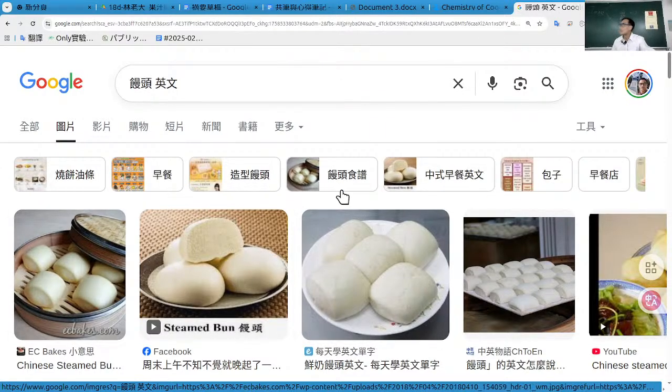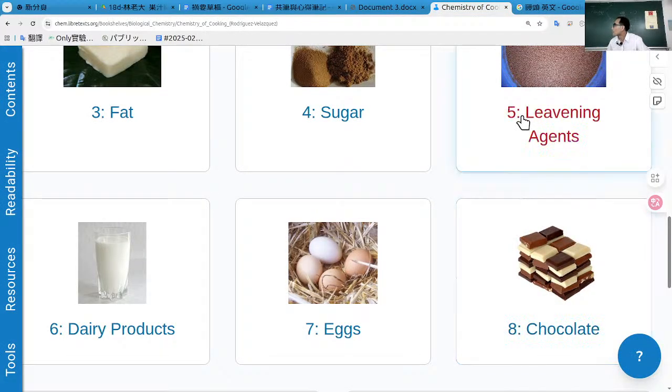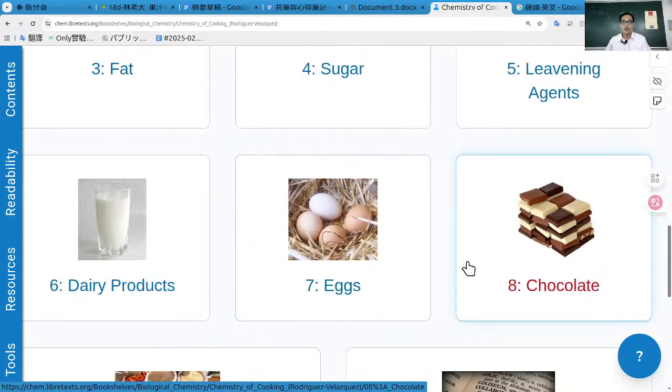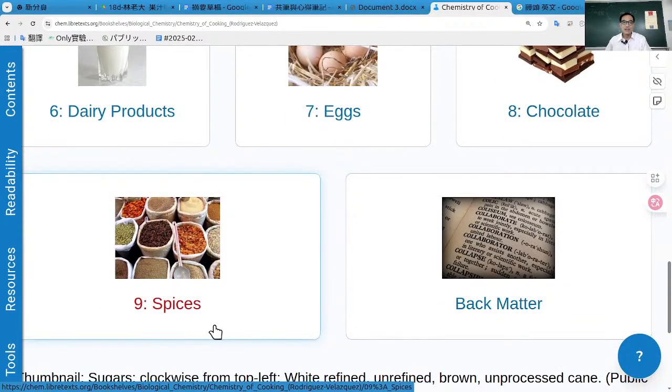Let's move to the next. Flour, like this one. Next, dairy products, eggs, chocolate, and spices. Oh yeah, sorry, spices. Yeah, you're right.